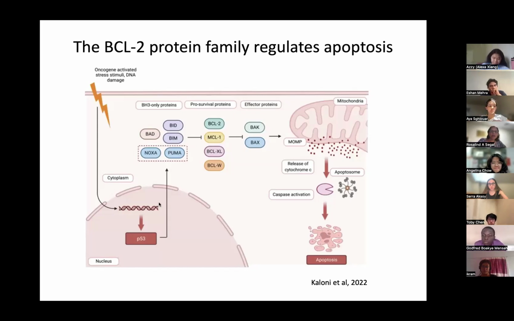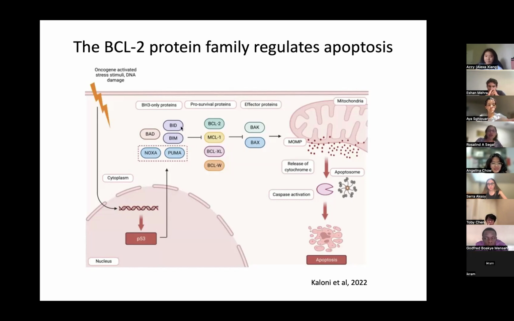So BCLW is a member of a very large family of proteins called the BCL2 protein family. BCL2 is actually B-cell lymphoma. So this protein was originally identified as a protein that is overexpressed in B-cell lymphomas due to mutations.